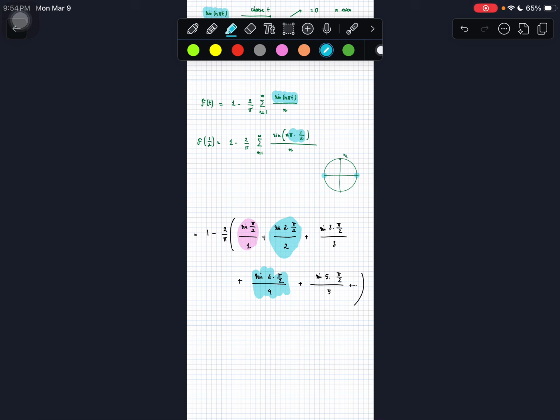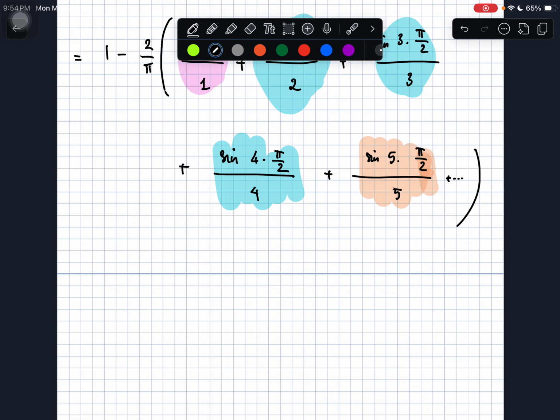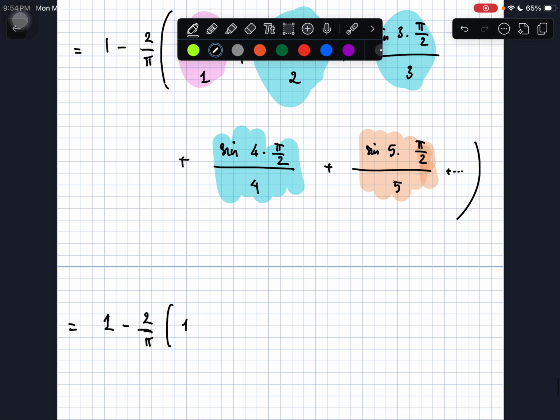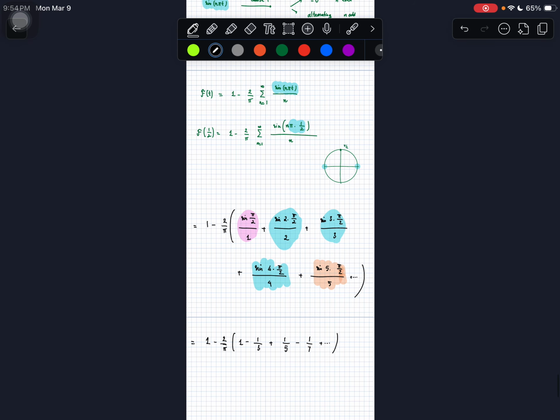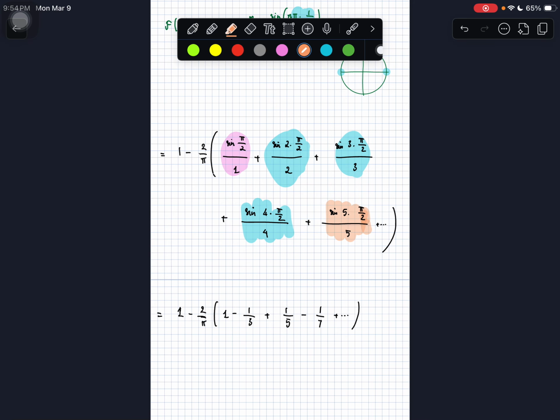And then you have minus 1 over 3, plus 1 over 5. So alternating sign. 1 minus 2 over pi times 1 minus 1 over 3 plus 1 over 5 minus 1 over 7. So that's what it is. So this is the Leibniz series.